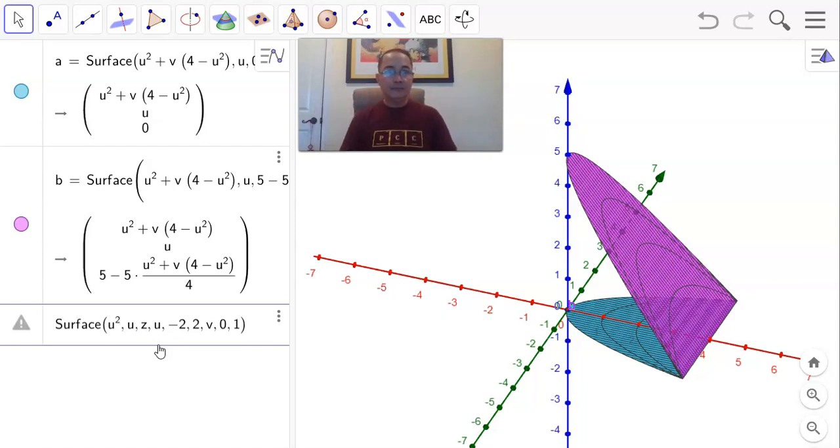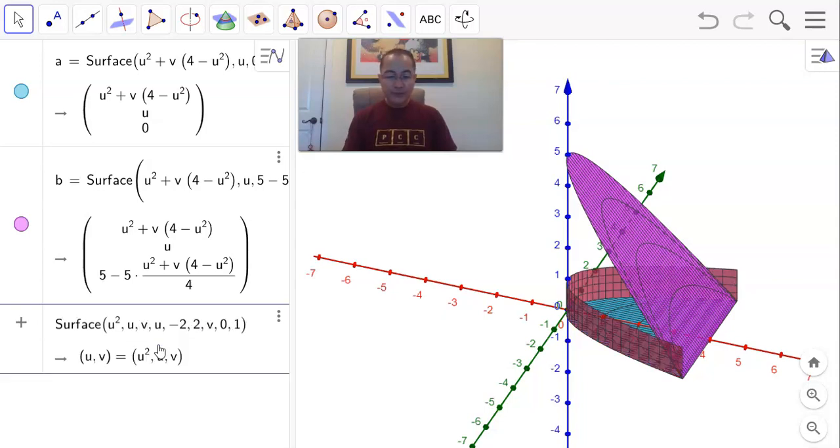Now the z. So v times, check it out. Right now v is going from 0 to 1, but we want it to end up at the plane, which has equation 5 minus 5 fourths x. So we will put that equation in.